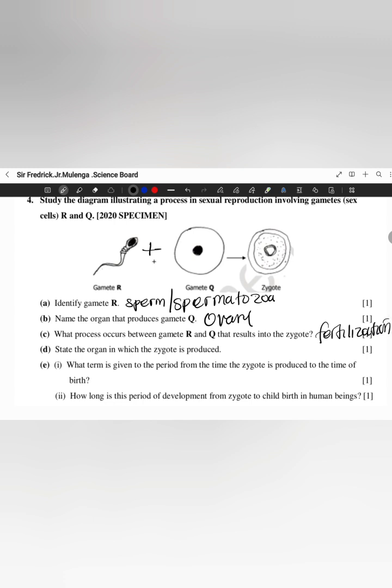Now D: state the organ in which the zygote is produced. Where is the zygote produced? Instead of asking where fertilization takes place, they just ask where the zygote is produced. This is the fallopian tube, or oviduct.